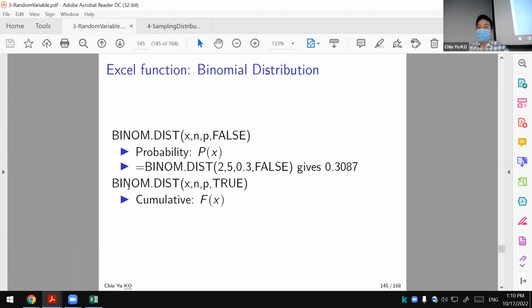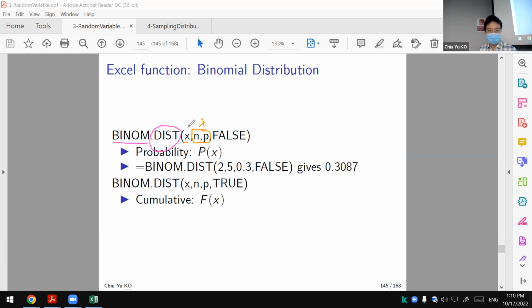You should notice the particular format for Excel: you call binomial or exponential or whatever, dot, and then distribution. The key thing here is you put whatever value you want and you put the parameters here, the n and p, or lambda for Poisson, and so on. There are three parts.